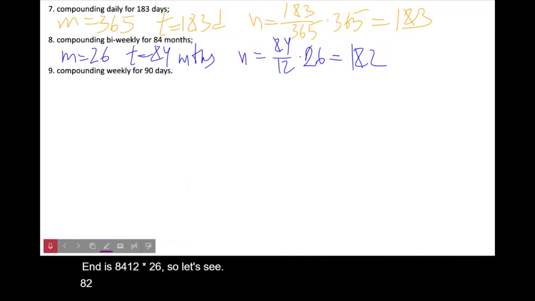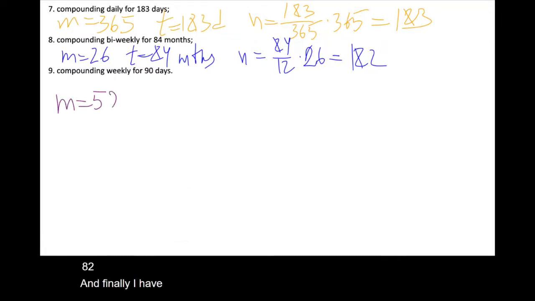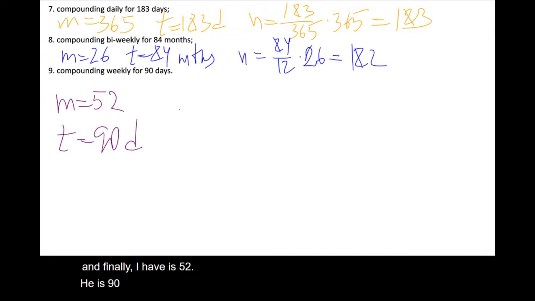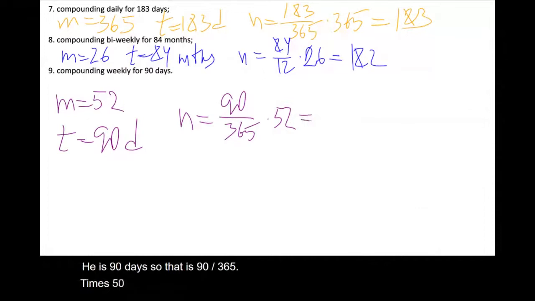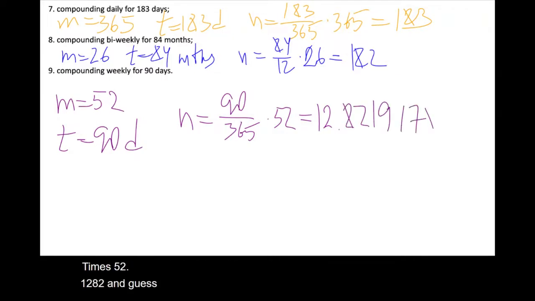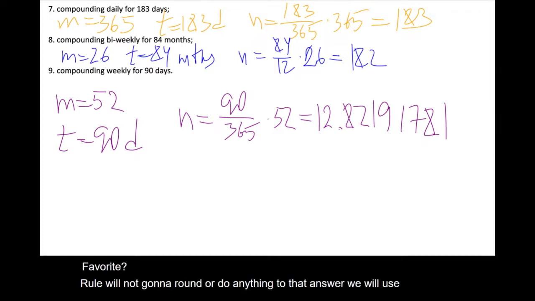And finally, M is 52, T is 90 days, so N is 90 over 365 times 52. That is 12.82, and guess what? Our favorite rule, we're not going to round or do anything to that answer. We will use it as is.